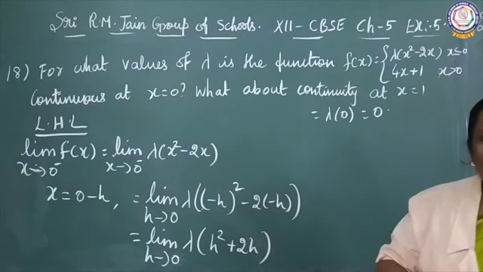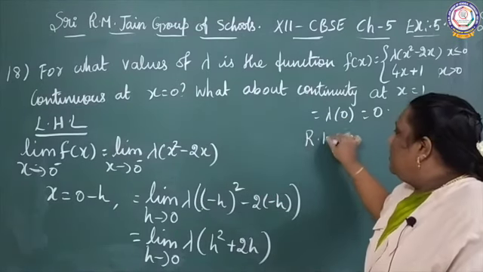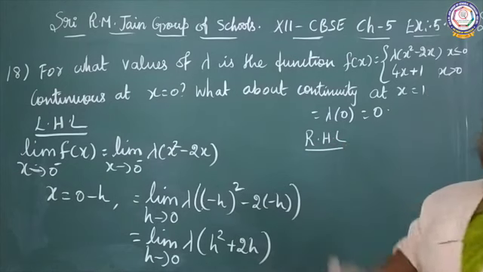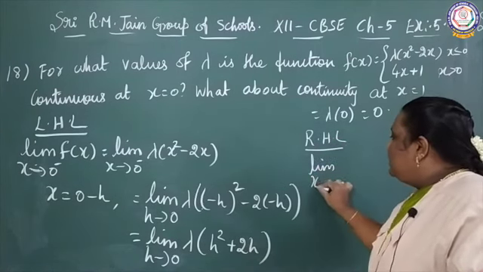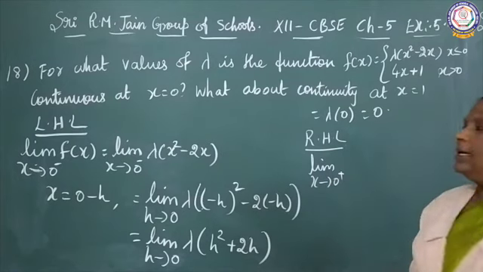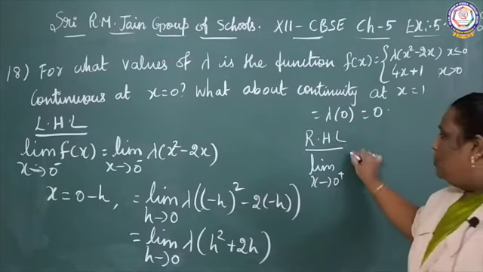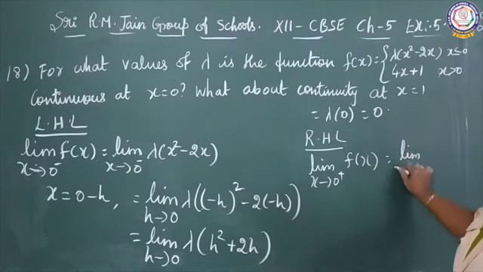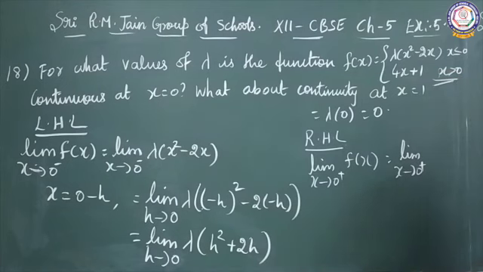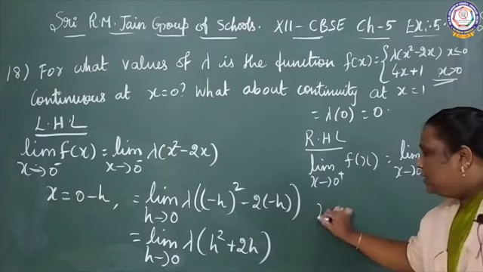Now you move on to the right hand limit. Limit x tends to 0 plus f of x equal to limit x tends to 0 plus, for x greater than 0, the value is 4x plus 1. What is that x value?